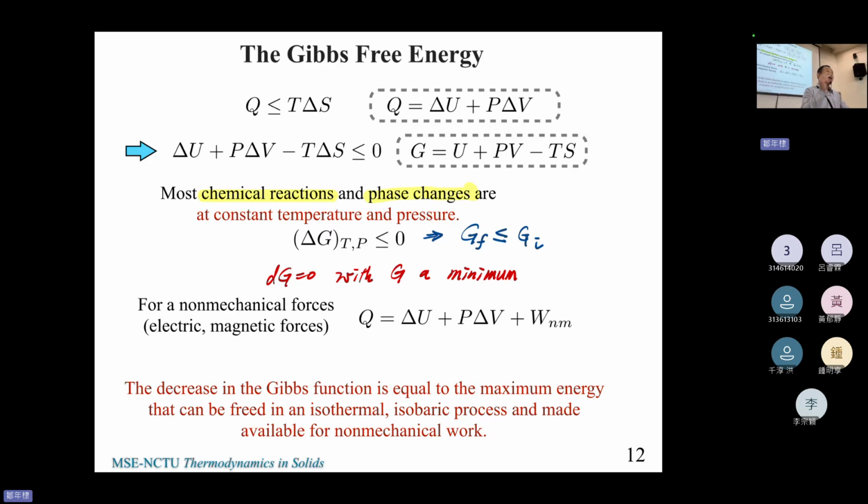As long as Gi equals Gf, there is equilibrium, and equilibrium means G reaches its minimum. Okay, so that's how we use it, especially for me, for simulation. Simulation typically uses Gibbs free energy a lot, or Helmholtz free energy, because we just calculate Gi and Gf, and we can predict how the material will evolve.